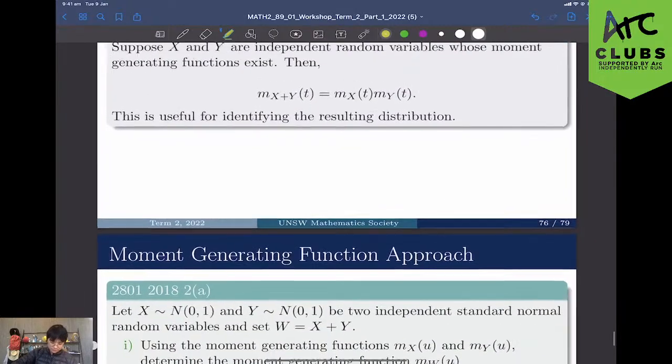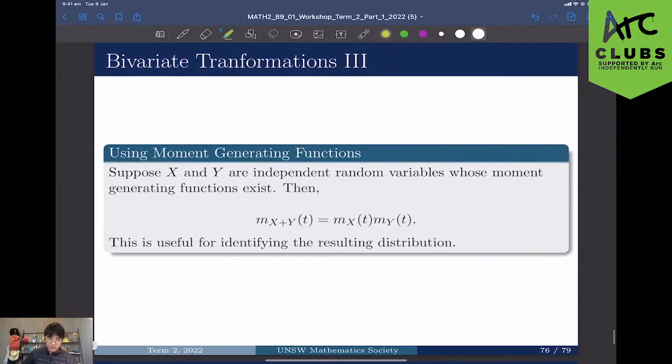And finally, we're going to look at the moment generating function method. Suppose x and y are random, independent random variables. It's important that x and y are independent, whose moment generating functions exist. Then we have this formula that the moment generating function of a sum of random variables is equal to the product of the moment generating functions.